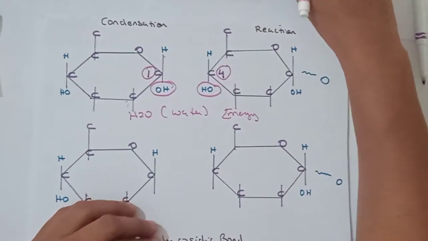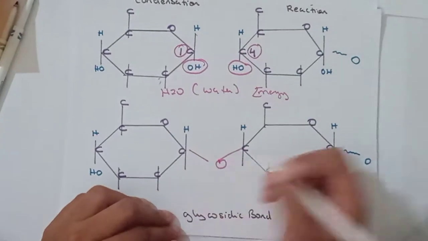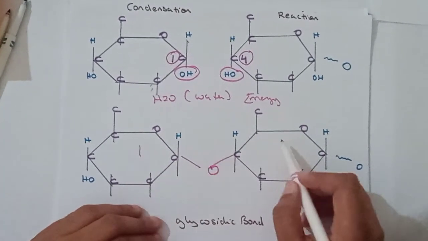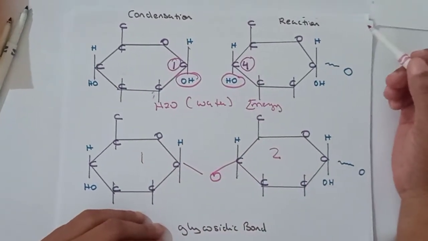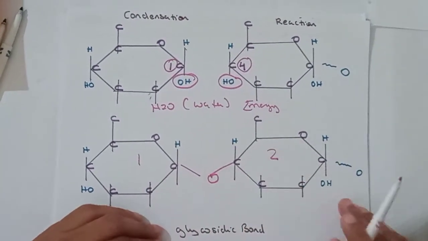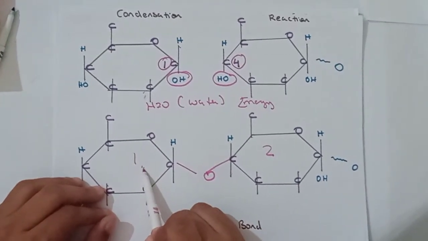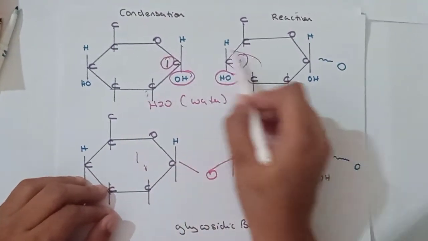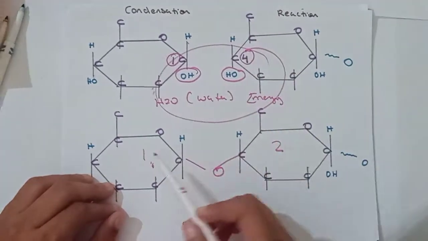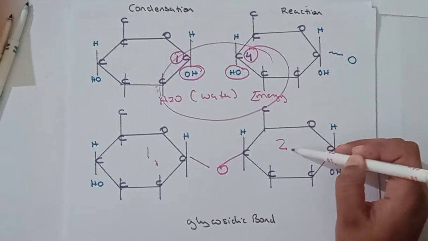Now, a glycosidic bond forms and holds two of these monosaccharides together by an alpha 1 to 4 glycosidic bond. So each time an alpha-D-glucopyranose is added, it's a condensation reaction adding on another unit of alpha-D-glucose.